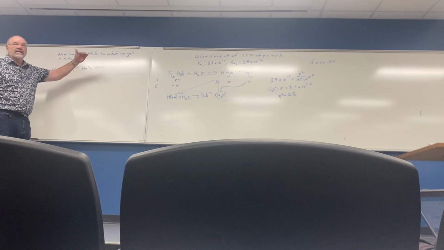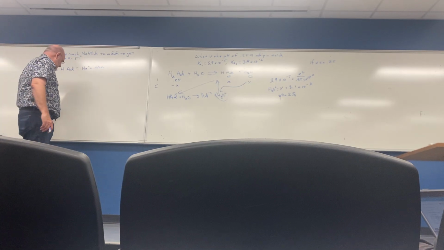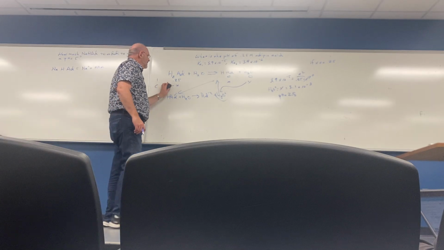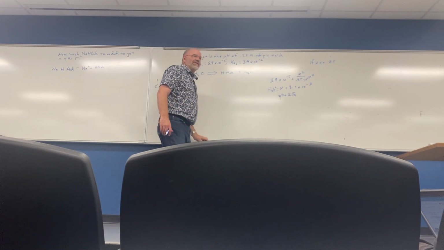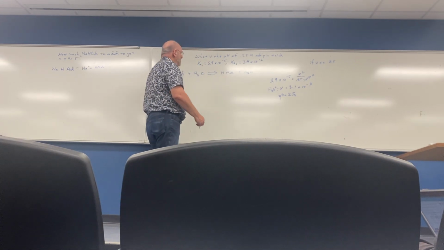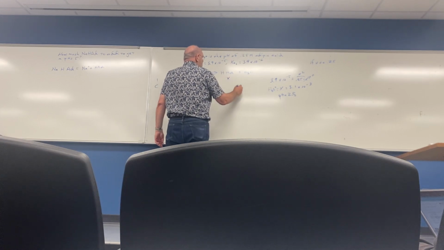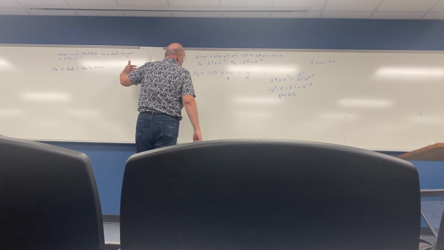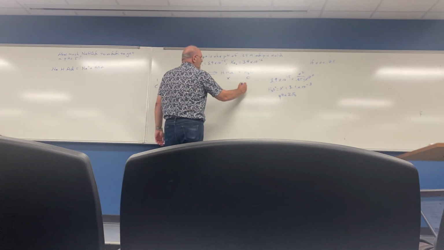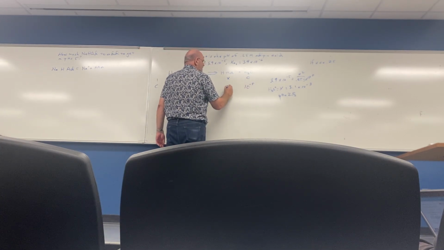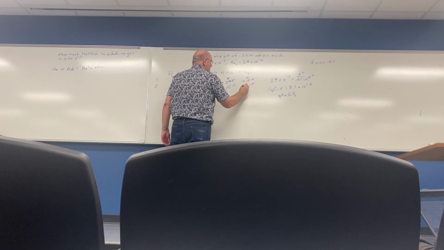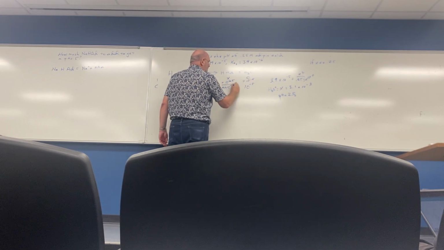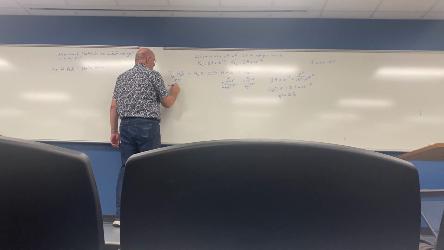That's what it means to be a strong electrolyte. It all breaks up. You should be seeing a distinct similarity because this is almost exactly the same problem we just did a minute ago, right? Okay, but now I don't know how much of that I have to start with because it's asking me how much do I need. But I know I need it to be pH 5. So this has got to be plus 10 to the minus 5, plus 10 to the minus 5, minus 10 to the minus 5.